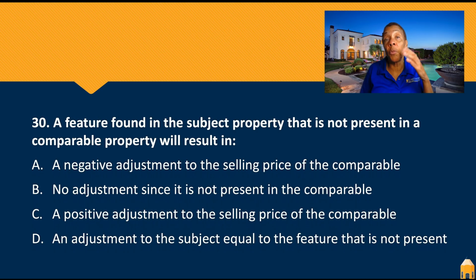Or you could say the subject has a garage, the comparable doesn't have a garage. So the comparable, then we look at the comparable, comp inferior. When it's inferior, what do we do? We add. Comp inferior, add to the comp. And so that makes it simple. C, a positive adjustment to the selling price of the comparable.